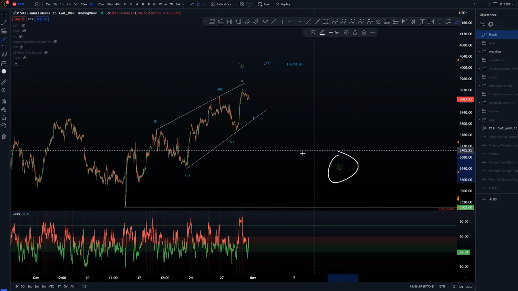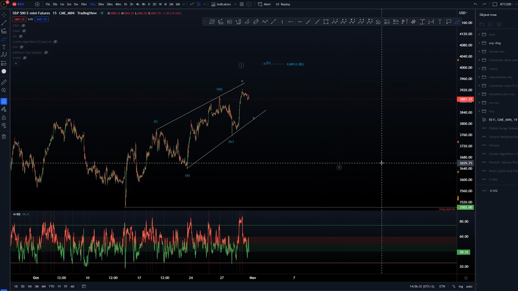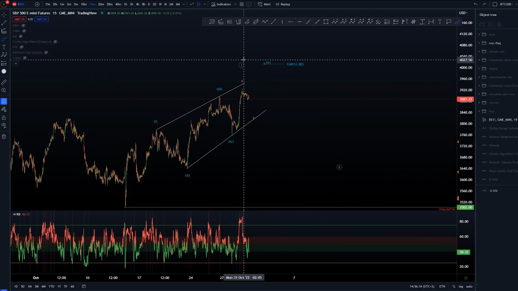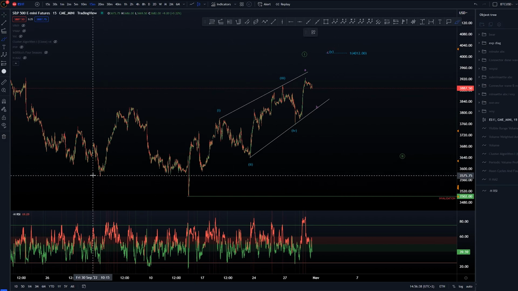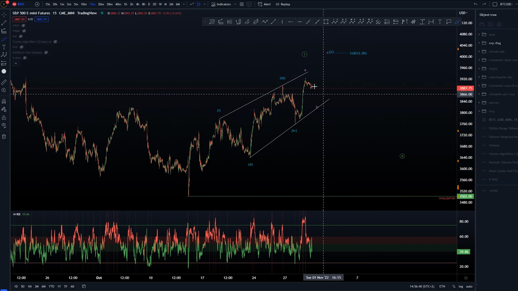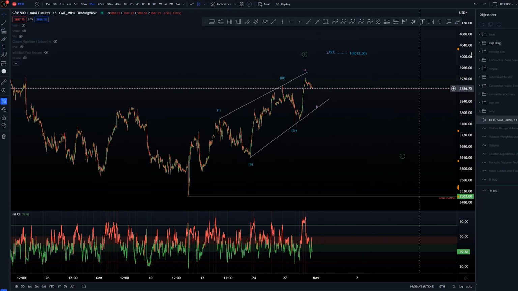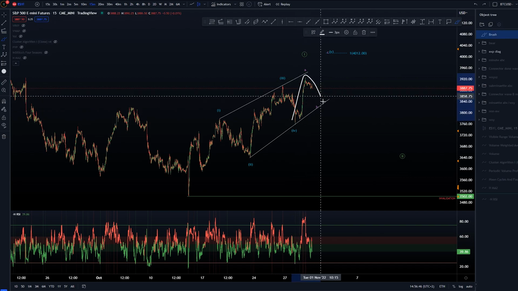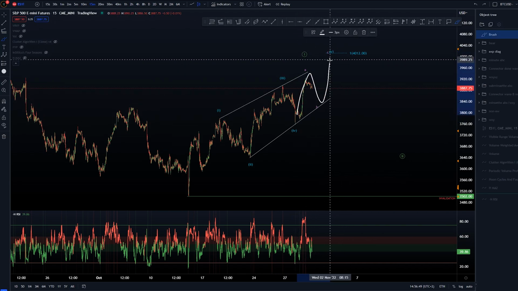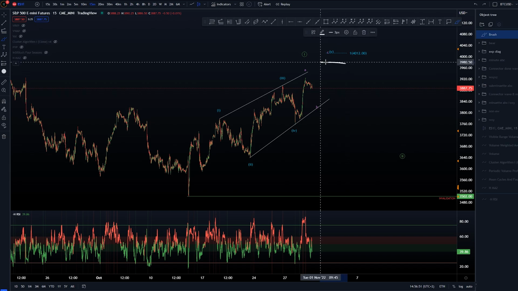And then again, we would be looking for that wave 2 and then a partner leg at least, or this would be a wave 1, 2, or it could be part of this ABC, and then we would be continuing to the downside. So especially here, if we are going to create this ABC here, I would definitely be looking into shorts.